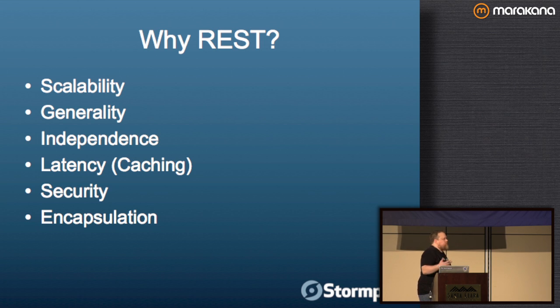And encapsulation is important. I can have a RESTful API that exposes data in a particular way that I want to expose it, but it doesn't have to expose everything about my system or maybe some of the internal workings or the details of data or some of the resources. So these 6 properties are why Fielding created his RESTful thesis, and they're really important, and we'll talk about all the properties that help these things come to fruition.